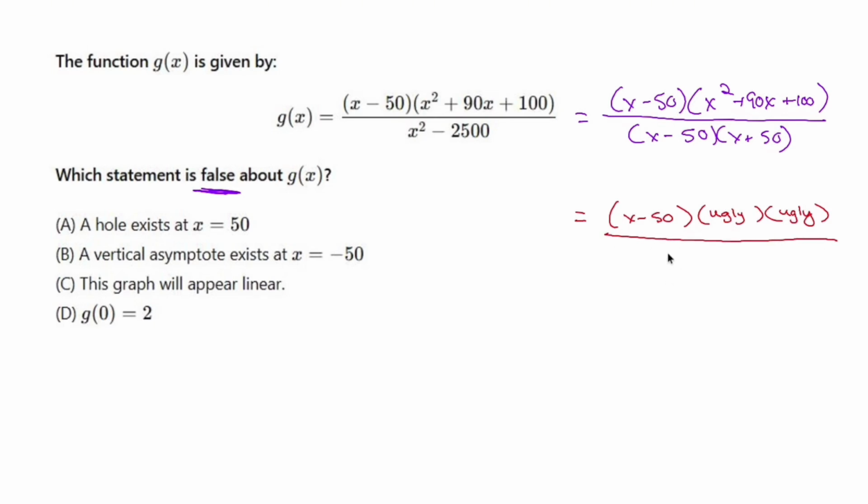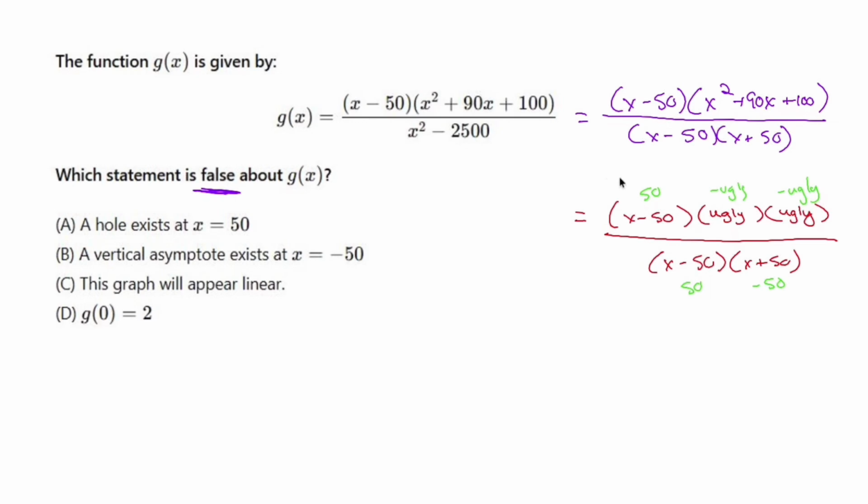Down here, you get x minus 50 and x plus 50. So the magic numbers here are going to be 50, some negative ugly number, another negative ugly number, 50, and negative 50. So at the very least, this is what I definitely know.